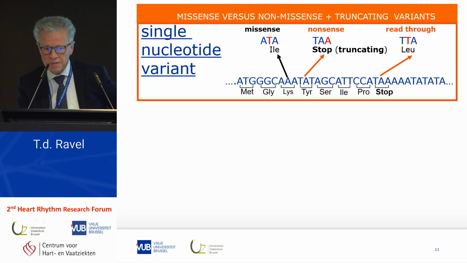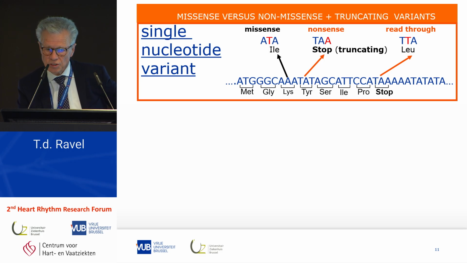for rhythm problems. However, if we look at this TAT here, and we change it to TAA, this is a stop codon, and therefore what's going to happen is that the reading stops here, and the amino acid chain will be much shorter because it's stopped here and hasn't gone on to read the rest of the DNA.